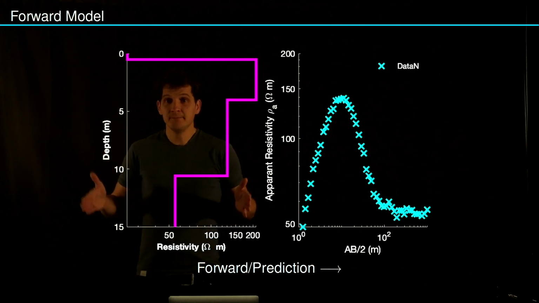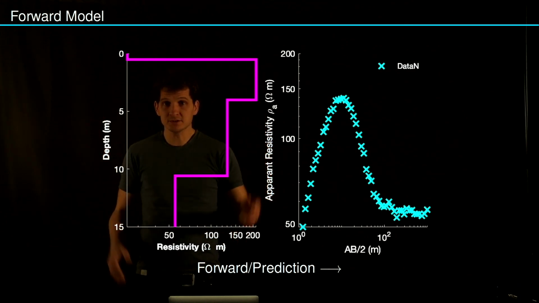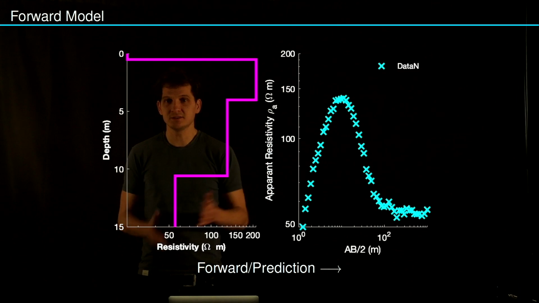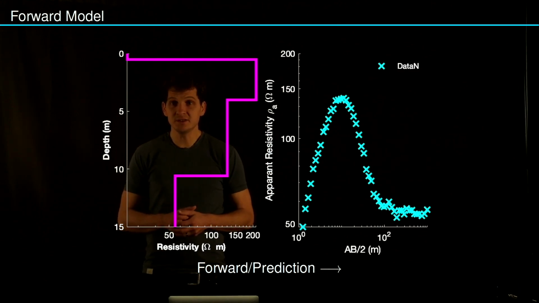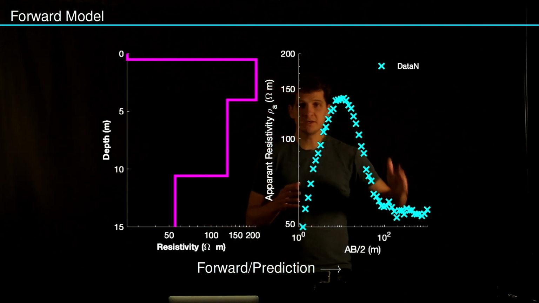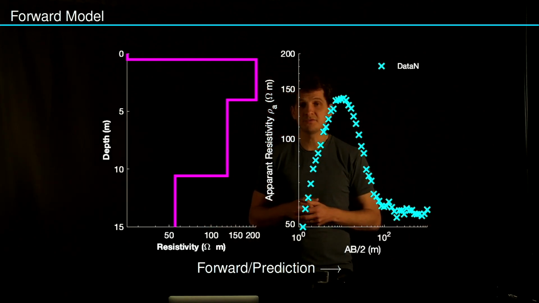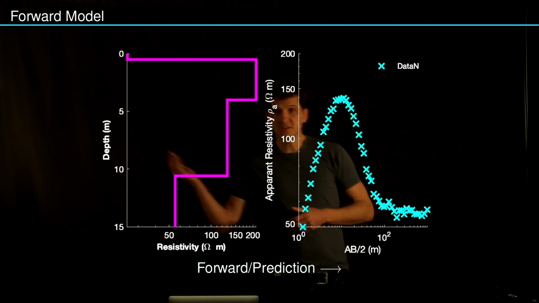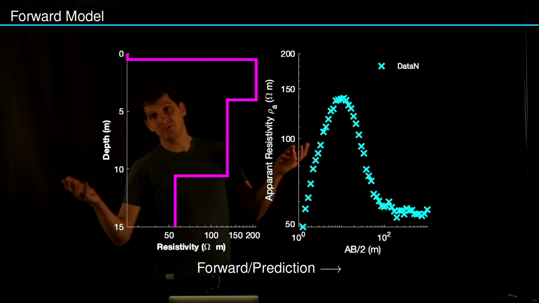So on the left, we see the model parameters, so different layers with different thicknesses and different electrical resistivities. And our forward model can then predict what the corresponding observations will be of the geoelectrical survey. And so this forward way is interesting, for example, for survey planning.